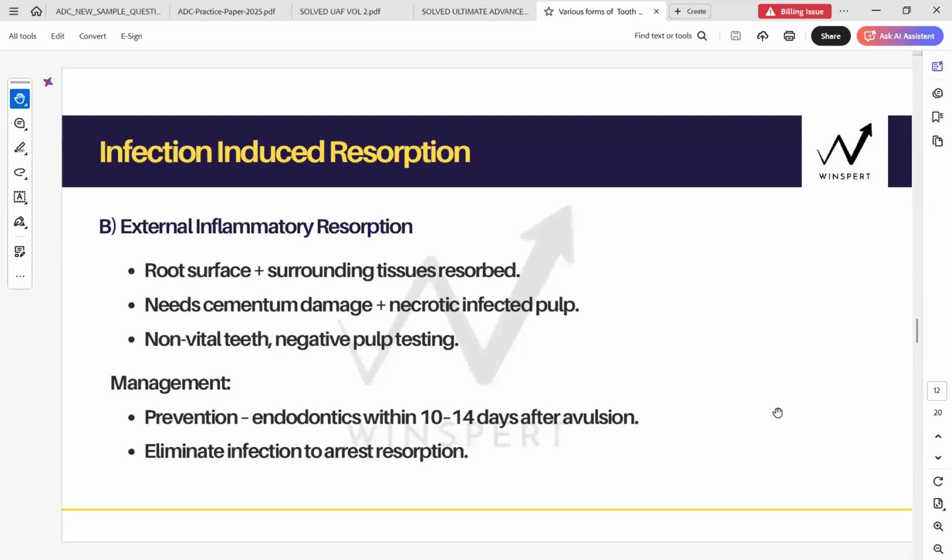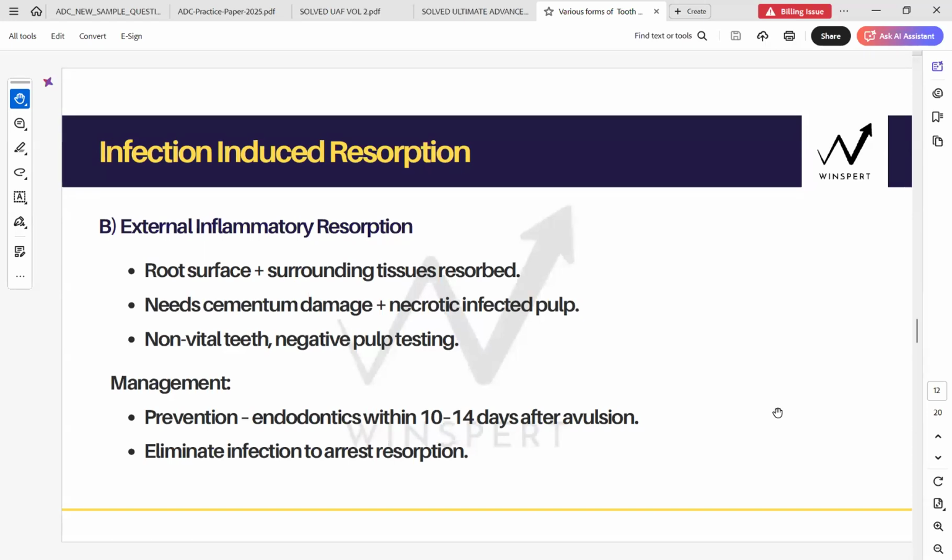Because trauma-induced resorption was only surface level and self-limiting. But when it gets infected, it becomes an inflammatory resorption and it becomes more severe in nature. Good question, but trauma one was very surface, self-limiting, asymptomatic, barely noticed on the radiograph. Remember, Ibadat? Trauma induced was surface only, external.